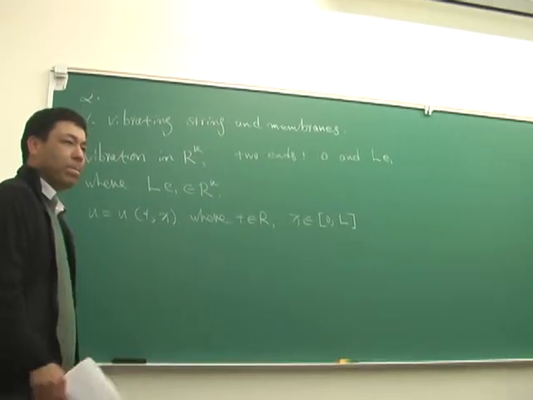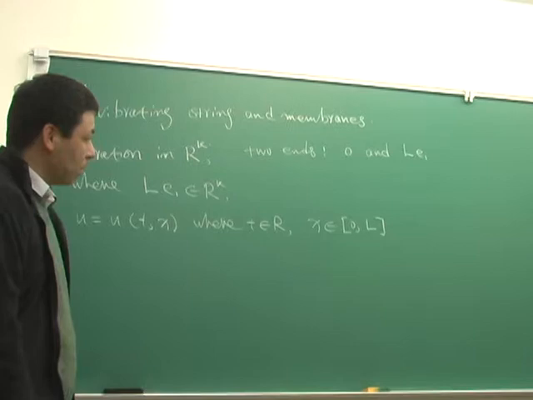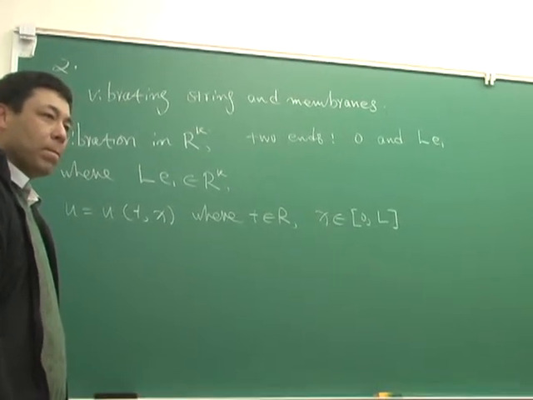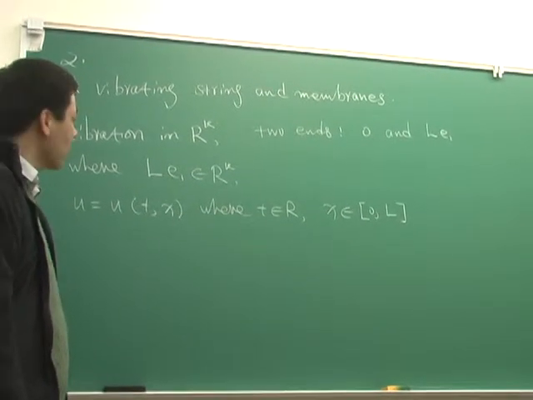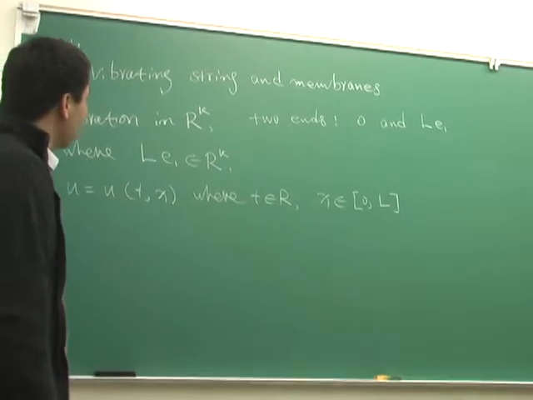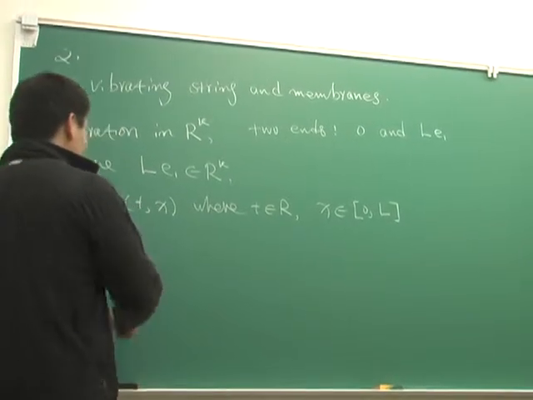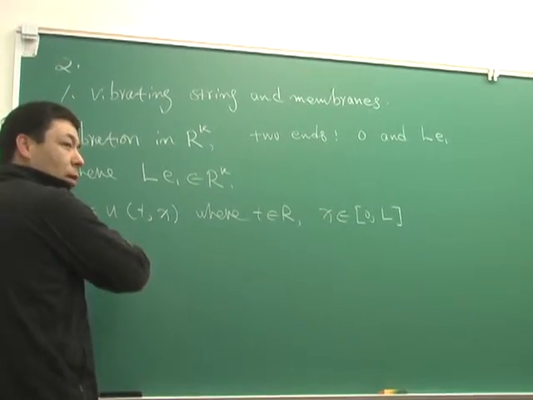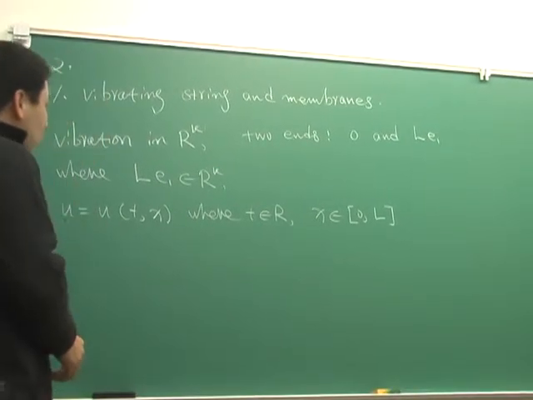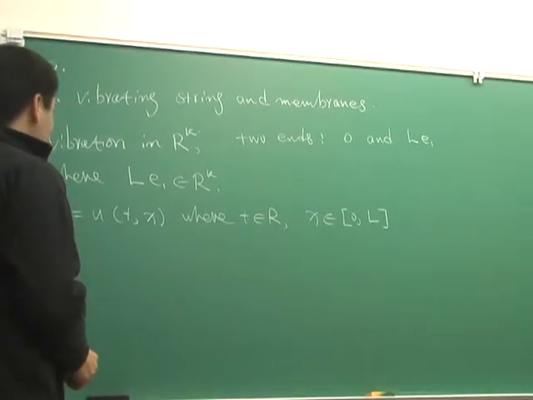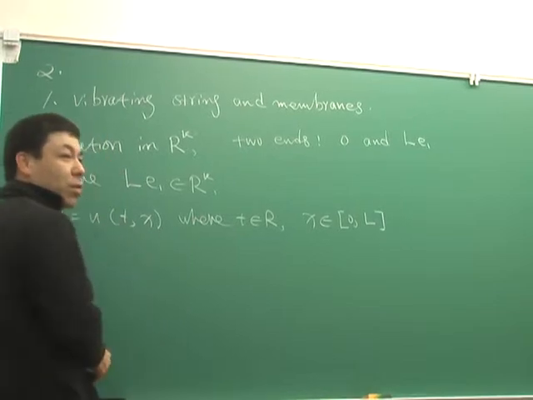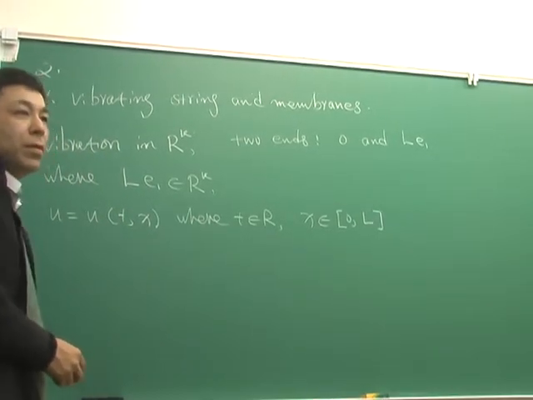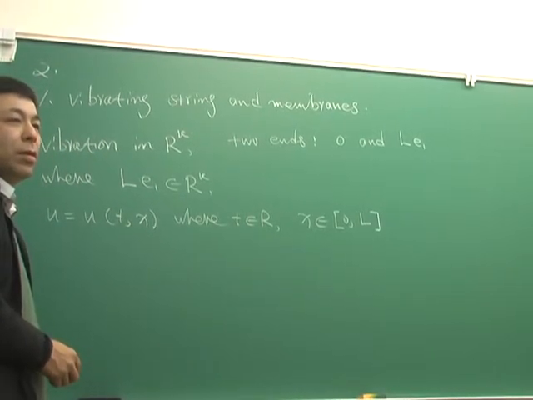Well, if it only changes in that interval, then it doesn't depend on any other coordinates, right? But what's the point of doing it in R^k if t is in R and x is in 0 to L? This function takes values in R^k. So it's not a string then.